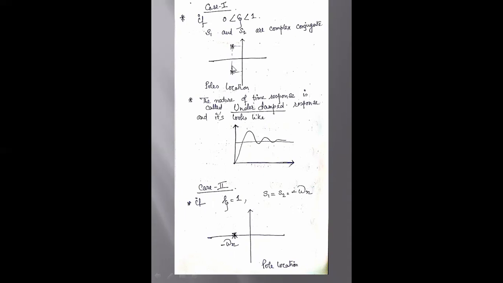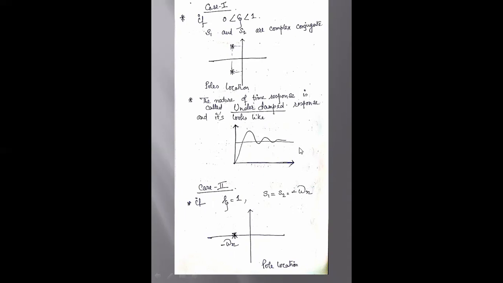The pole locations are seen in this figure. The nature of the time response is called the underdamped response, and it looks like this.